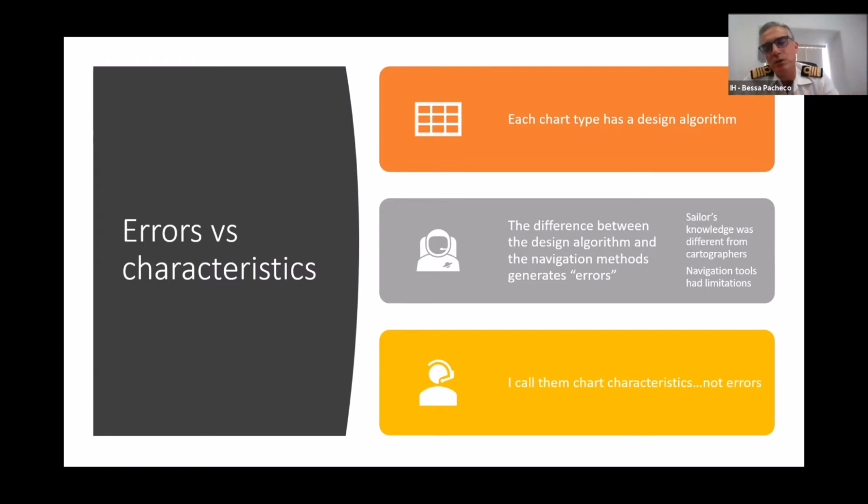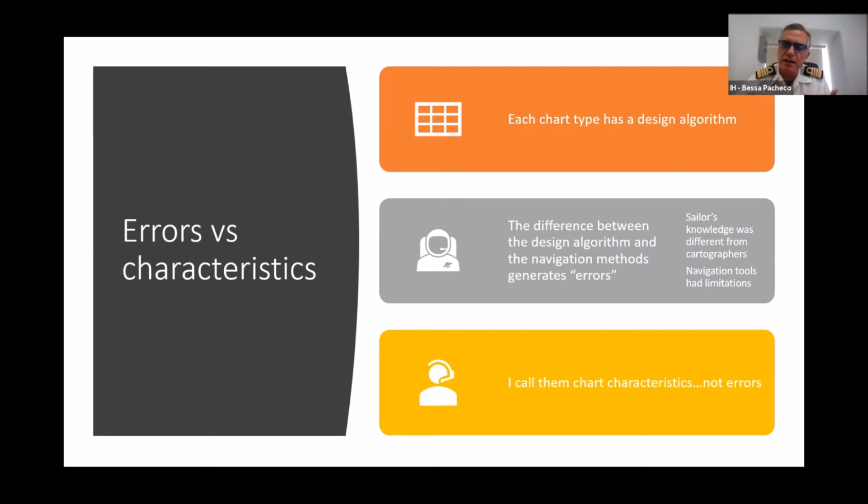These are two people with different backgrounds. Cartographers are much more educated, sometimes mathematicians, geographers, while the pilots sometimes don't even know how to read. They learn on the job, and so they have different backgrounds on using the chart, and that creates those kinds of errors.